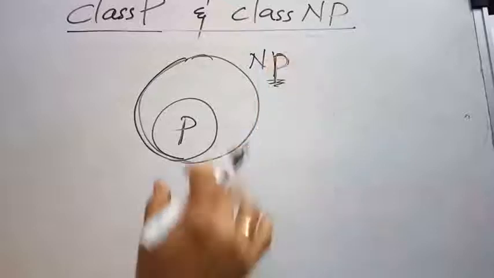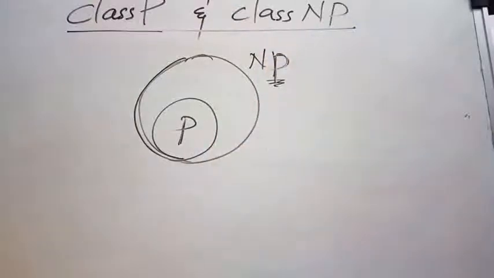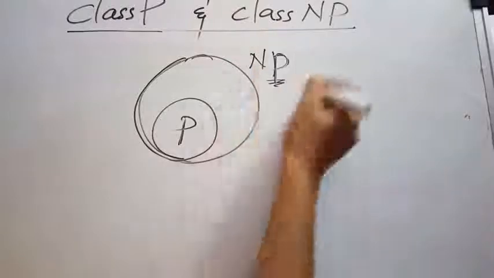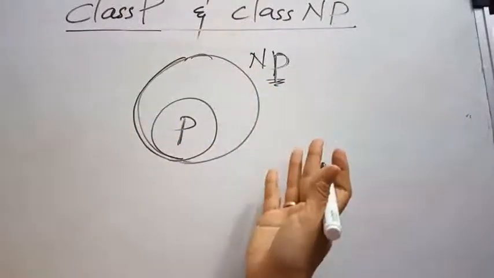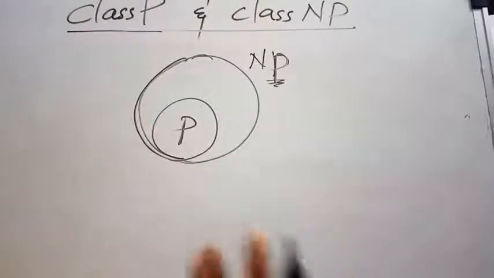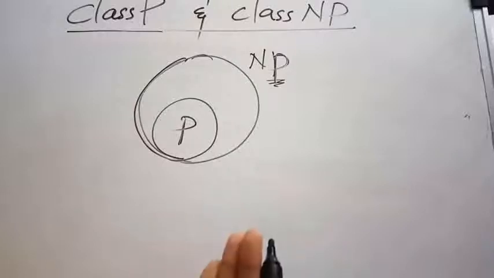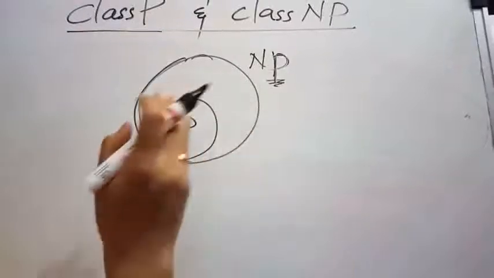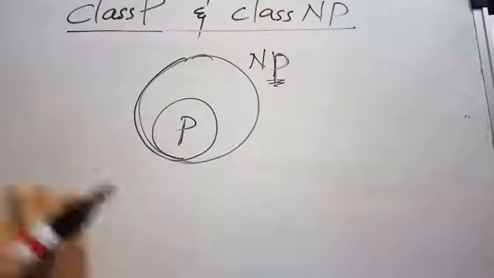There is no polynomial time algorithm to solve NP problems like graph coloring, the traveling salesperson problem, or the 0/1 knapsack problem. These are all NP problems. But in future someone may identify or introduce an algorithm which takes polynomial time, right?